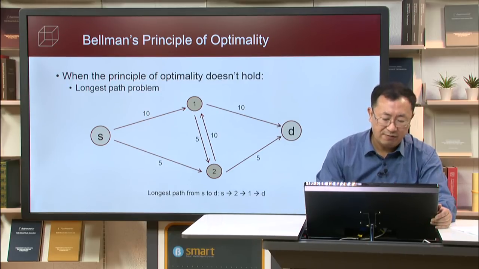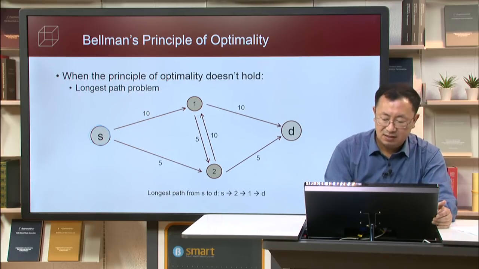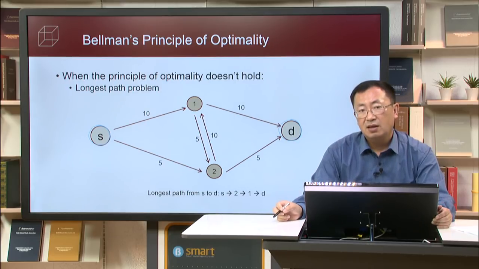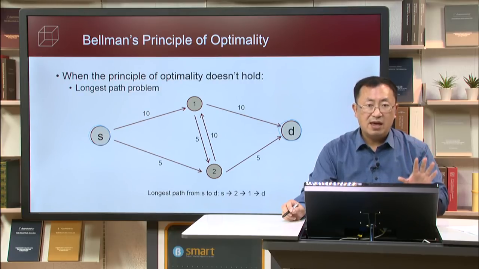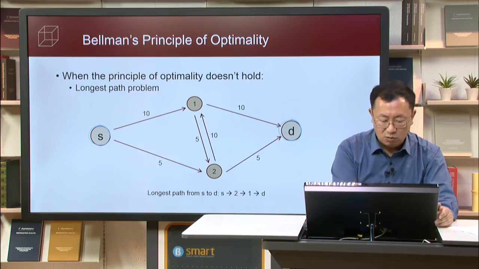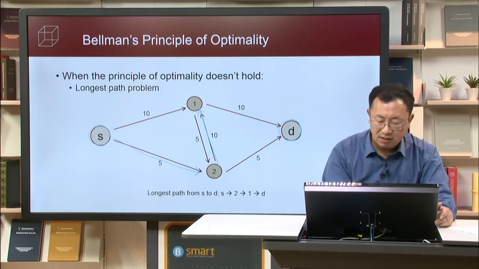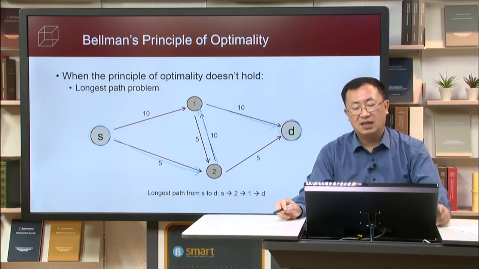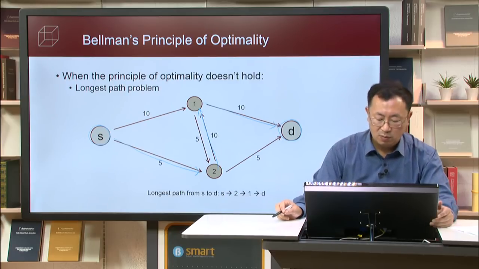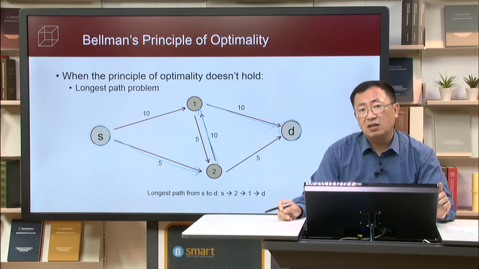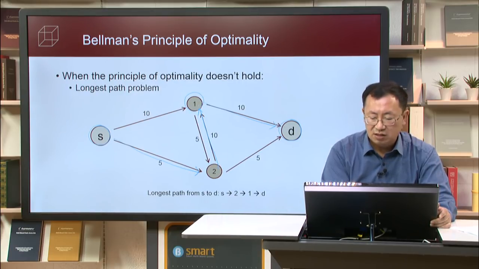If you take a look at this graph, we'd like to find the longest path from S to D. You can easily identify the longest path from S to D as S to 2, 2 to 1, and 1 to D. And that is the longest path from node S to node D. Well, let's take a look at this subproblem to find the longest path from node 1 to node D.